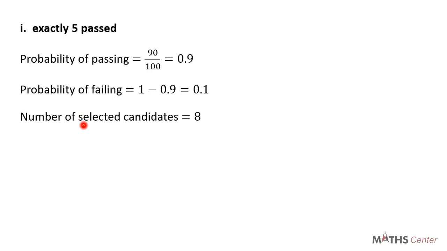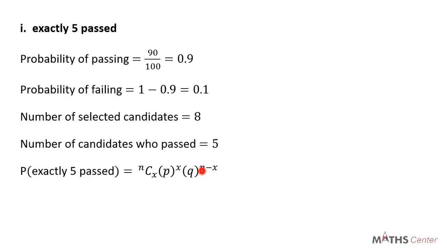The question tells us that the number of candidates that were selected is equal to 8. Here, we are looking for the probability that exactly 5 candidates will pass. So the number of candidates who passed is equal to 5. From the binomial probability distribution, we know that the probability that exactly 5 candidates pass will be given by n combination x times p exponent x times q exponent n minus x.